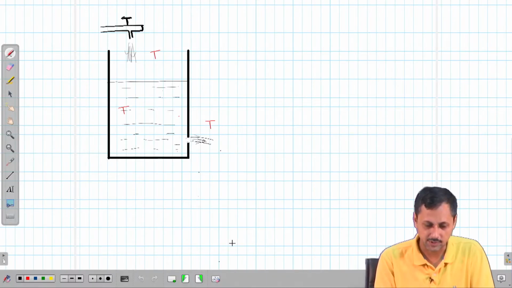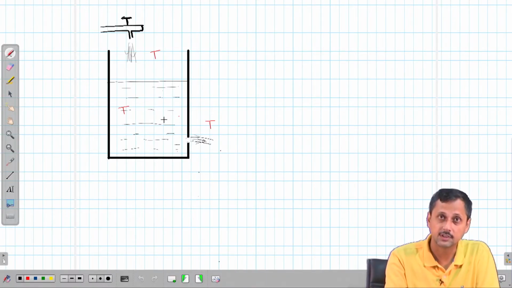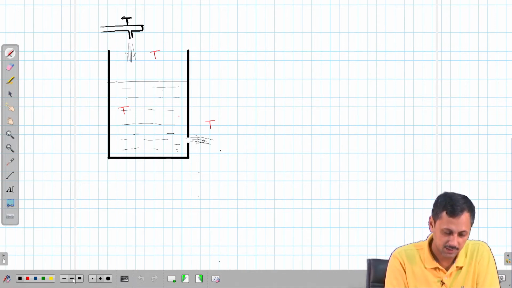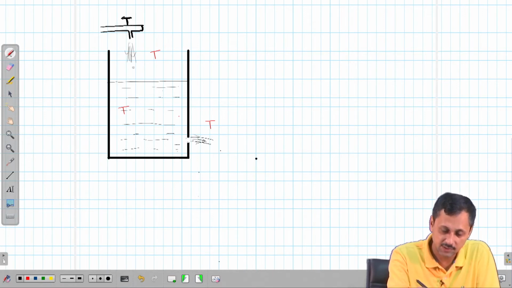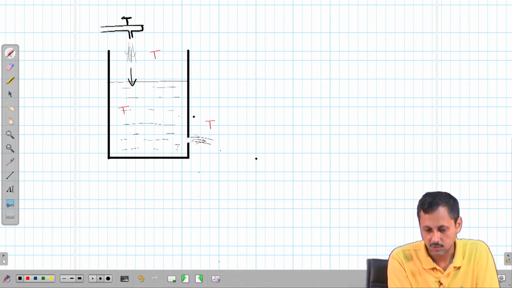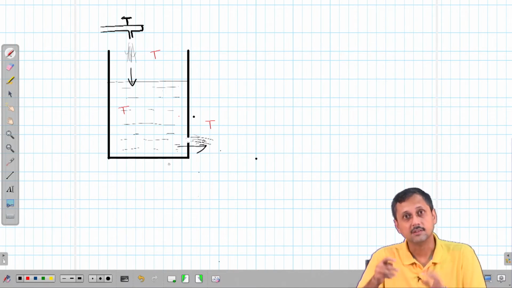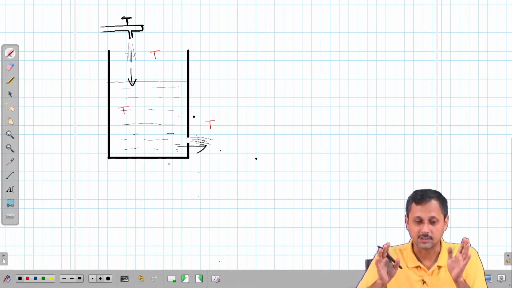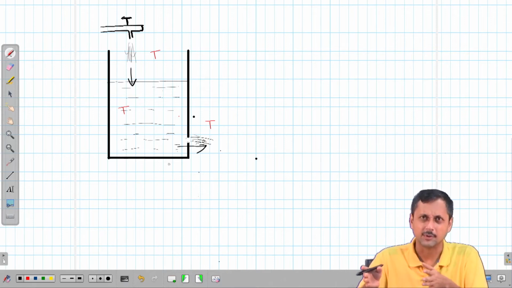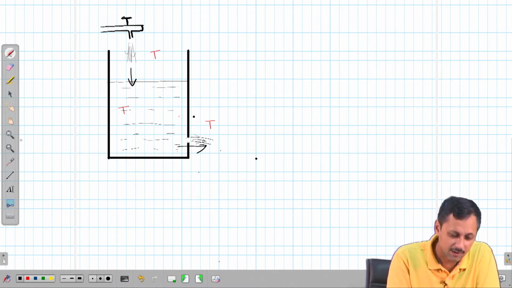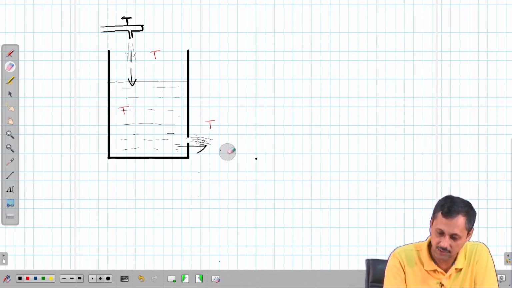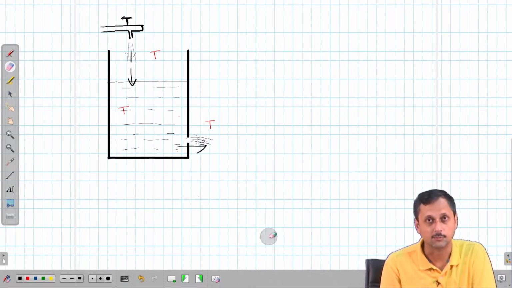So the system in question, we see of course it is in thermal equilibrium. The temperature is uniform throughout the system, but then we see that there is a molecular flow. The molecules are coming in and going out. So that means there is a density gradient present. It is not exactly a density gradient in its traditional sense, but of course there is a flow of molecules, which is not the case when the system is in chemical equilibrium.